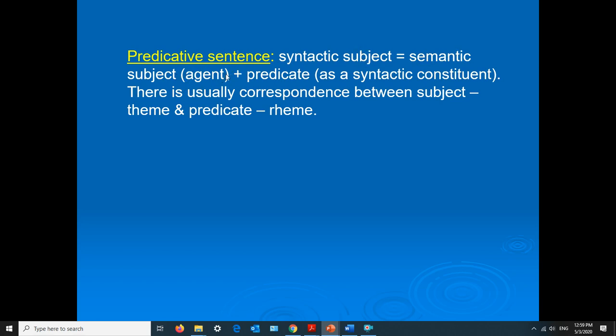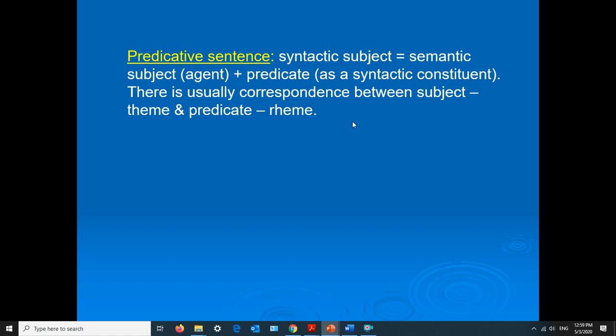So a predicative sentence is an agentive sentence. And then comes the predicate as a syntactic constituent. There's usually correspondence between subject, theme, and in the predicate comes the reme.